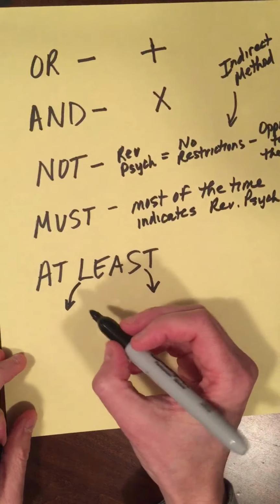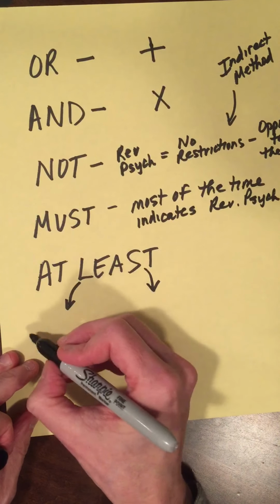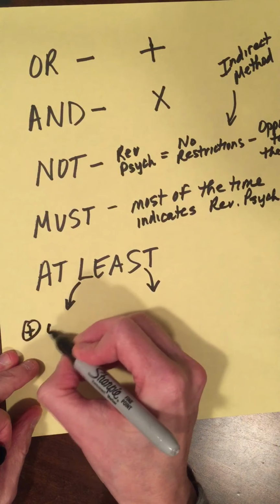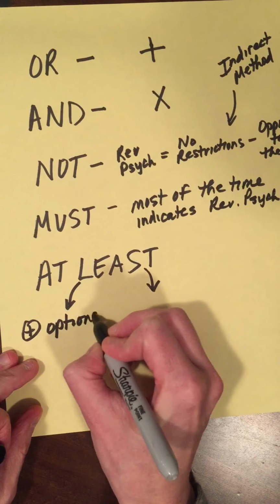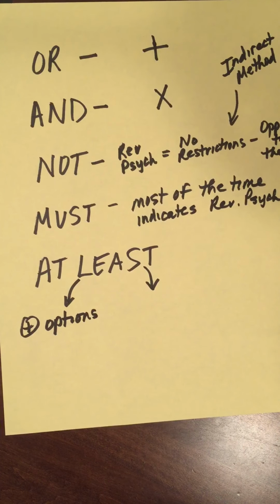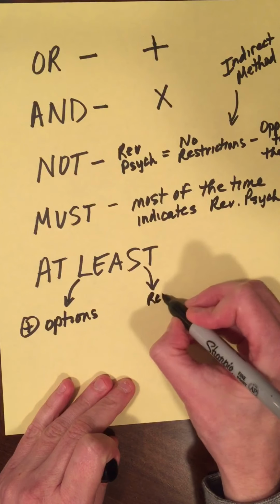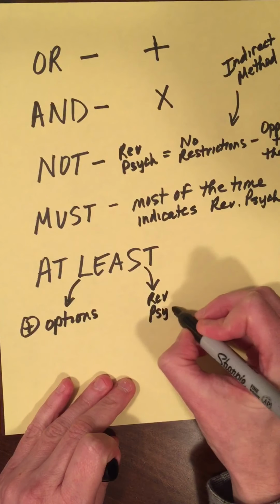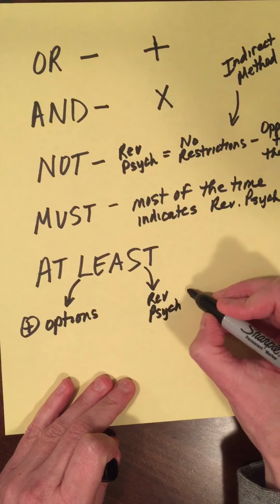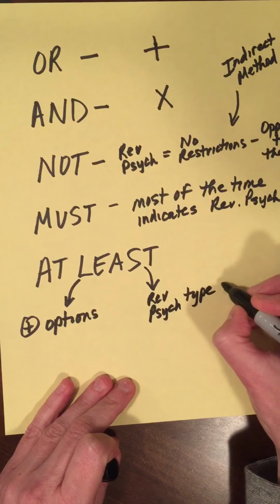One way of an at least question is when you're adding all the options. And you've seen some examples where we've done this. Another option for at least is that it could be a reverse psych type of at least.